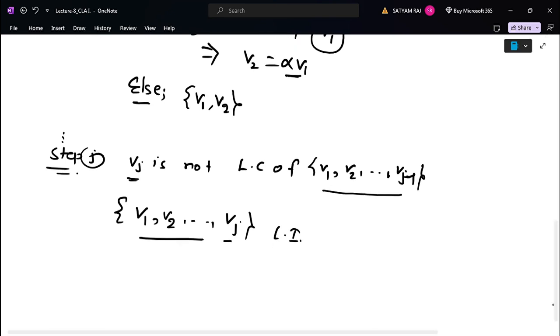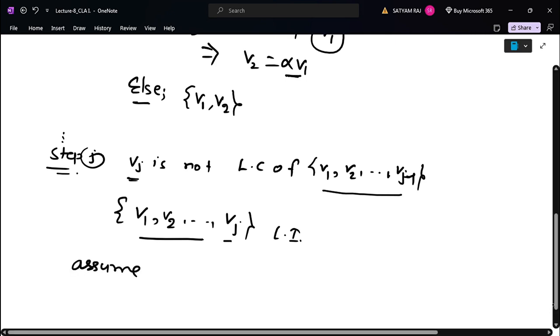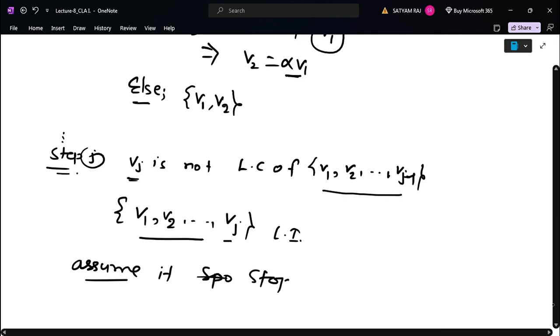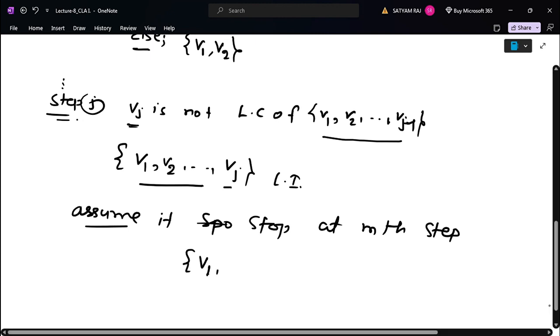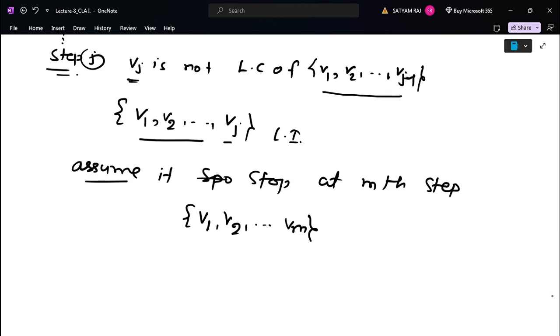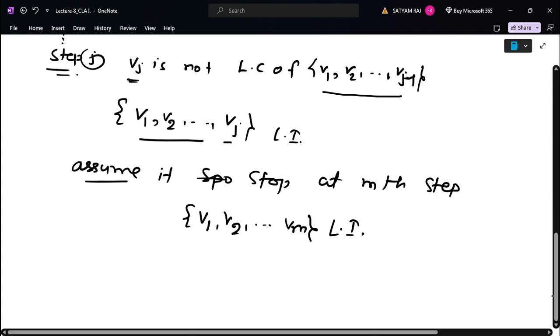So now assume it stops at the m-th step. What does it mean? It means we have a set b1, b2, ..., bm, and by construction this is linearly independent.